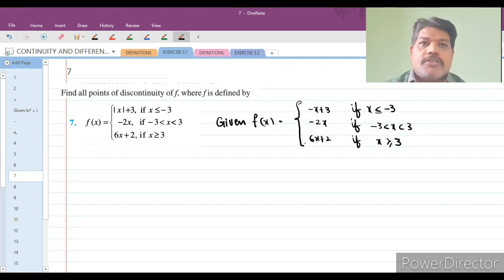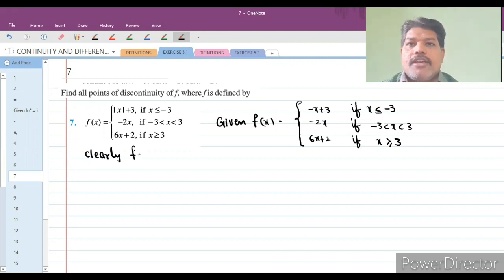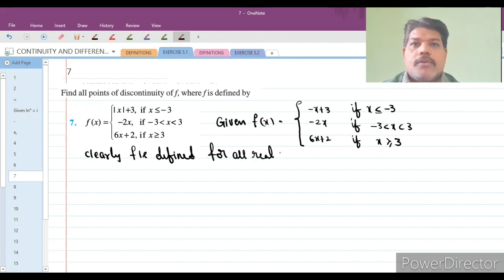So this is the given function. What I will tell is that clearly the function is defined for all real numbers. So first we have to write that clearly: f is defined for all real numbers.